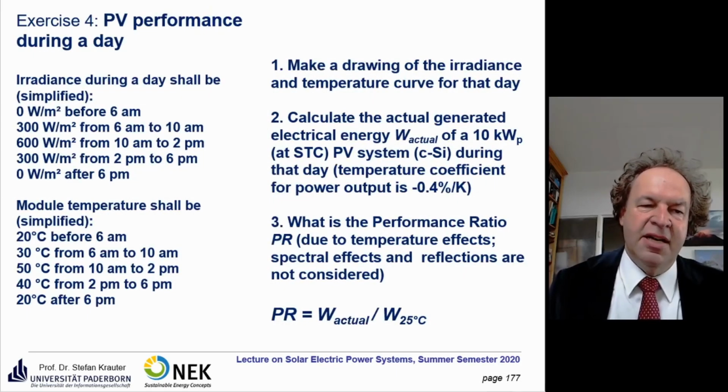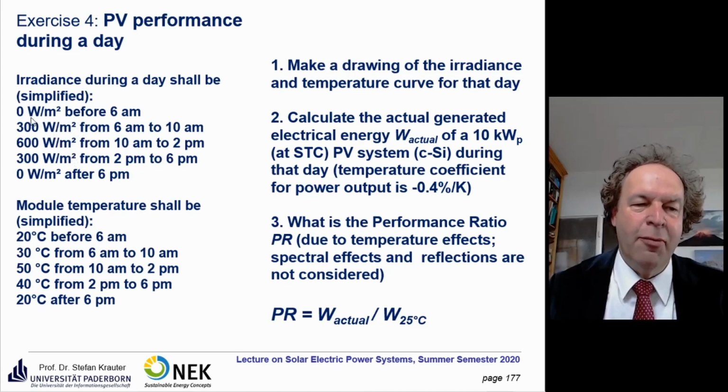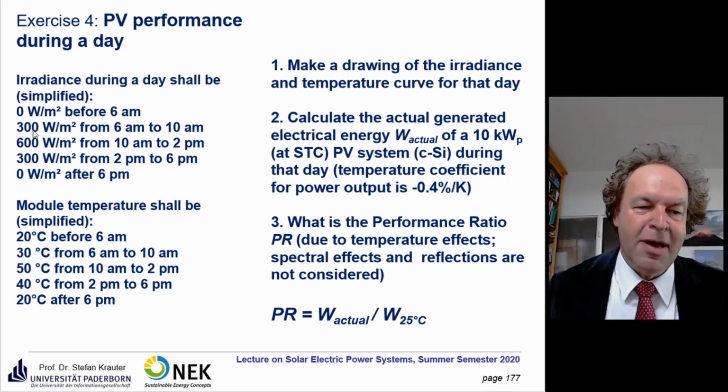So the exercise of the irradiance profile: usually it's not a fixed value, it's changing every minute, but for simplification we used some fixed values. So we start before 6 o'clock, there won't be any irradiance, so 0 watt per square meter. Then from 6 a.m. to 10 a.m. we say the irradiance is constant at 300 watt per square meter, and then from 10 a.m. to 2 p.m. it reaches its maximum at 600 watt per square meter.